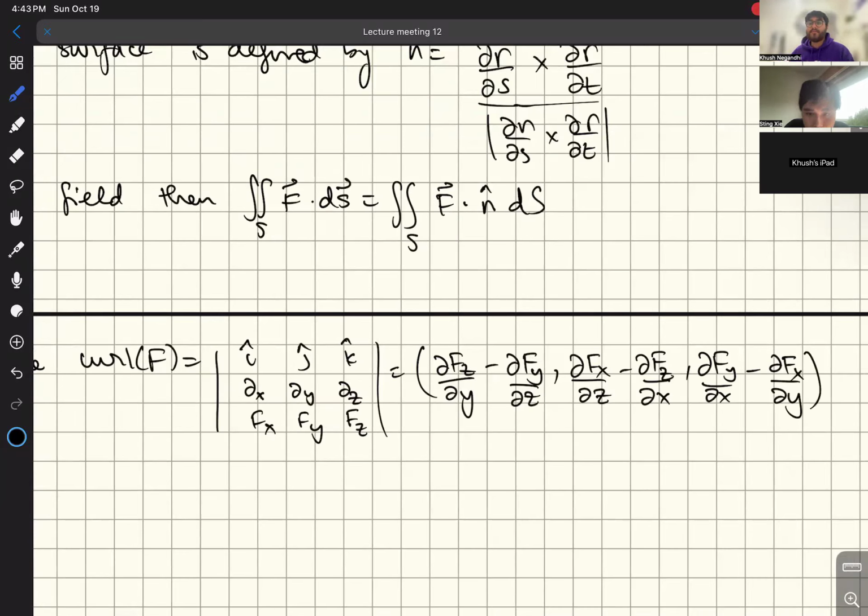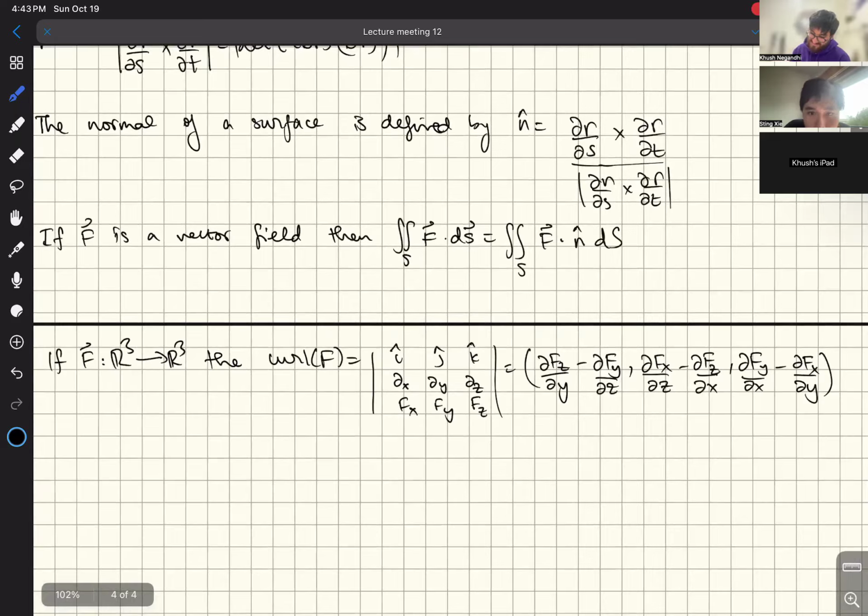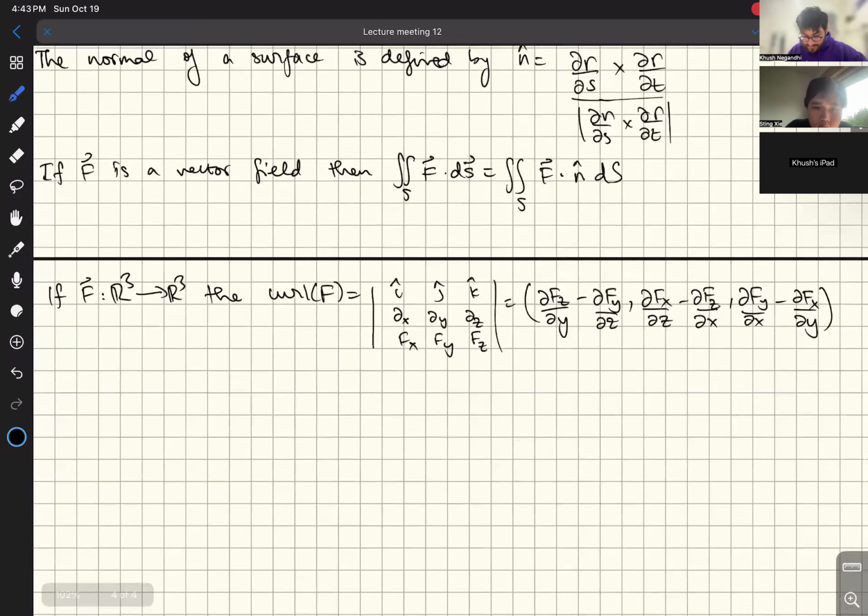Okay, so this looks again very, very unnatural. There's a more natural way to define this, but that goes against what I want to talk about. So we'll pretend like that doesn't exist. Now this gives you a vector field, so you can integrate over a surface, right? And you can integrate over lines and stuff.